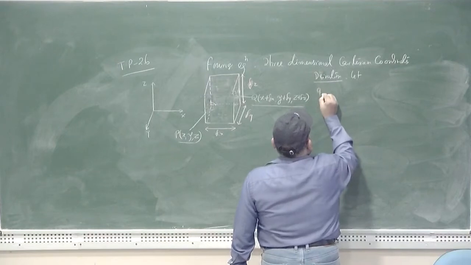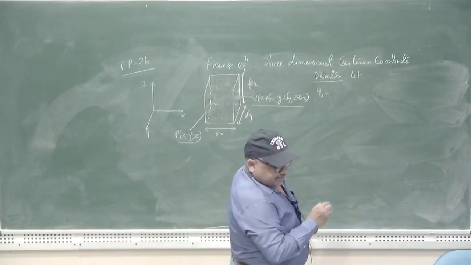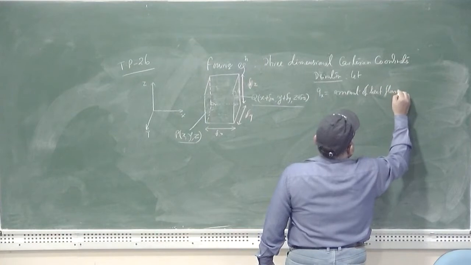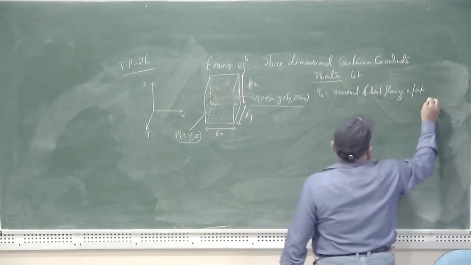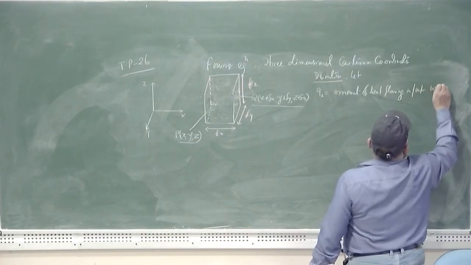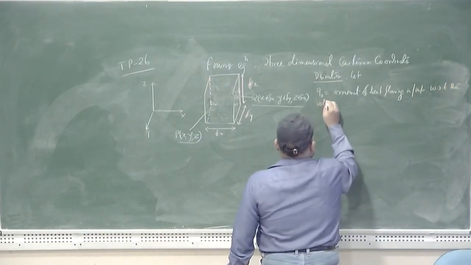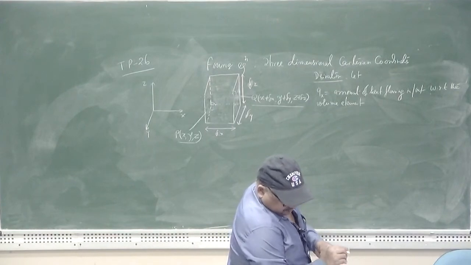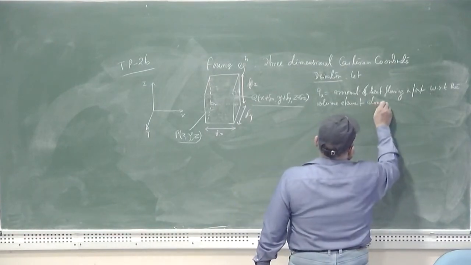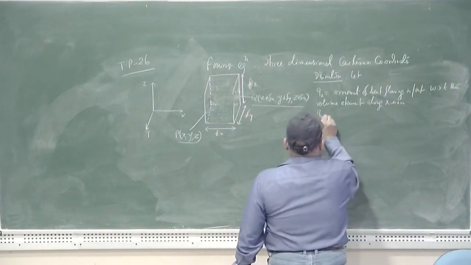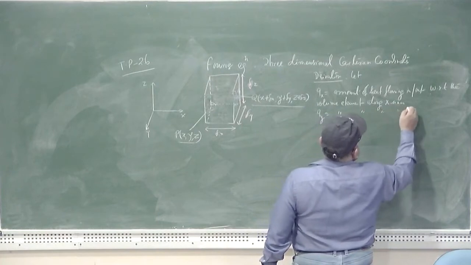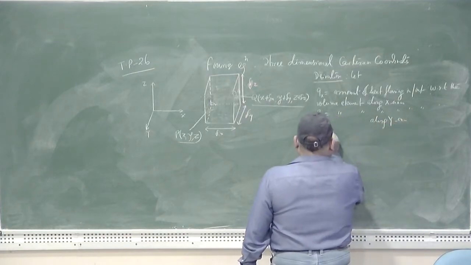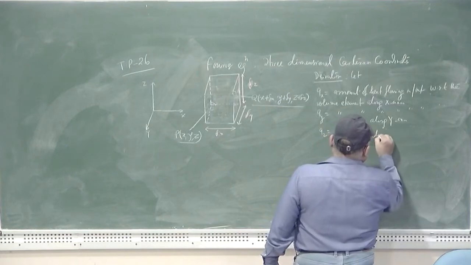Let Qx be the amount of heat energy flowing in or out with respect to the volume element along the x-axis, and similarly Qy is the amount of heat flowing in or out with respect to the volume element along the y-axis, and Qz along the z-axis.